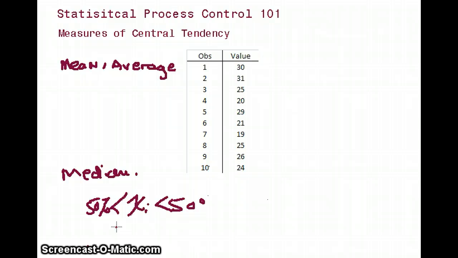So it's the middle number, the middle value. If it's an even number of observations, then it's the average of the two middle values. So let's see if we can figure out what the median is here.